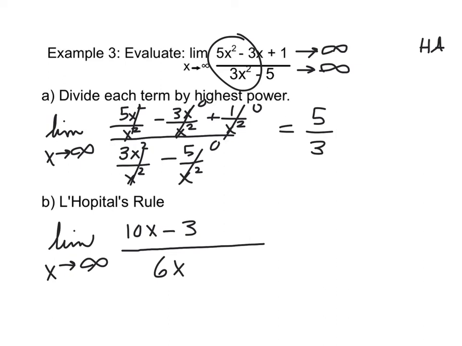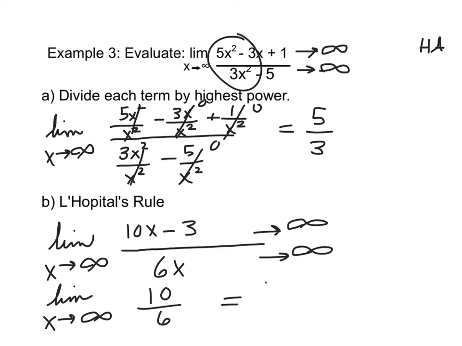And then I'm going to apply this again, and that would get us an indeterminate form, right? It would be infinity over infinity. And then if I apply it one more time, because I could do it more than once, I would have 10 over 6, which is also 5/3.